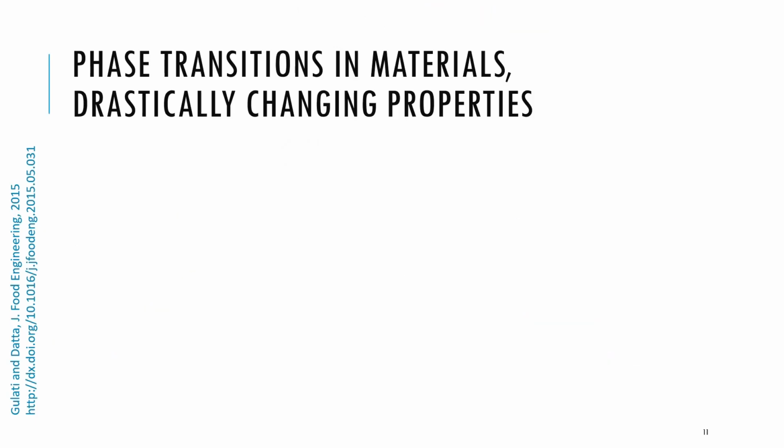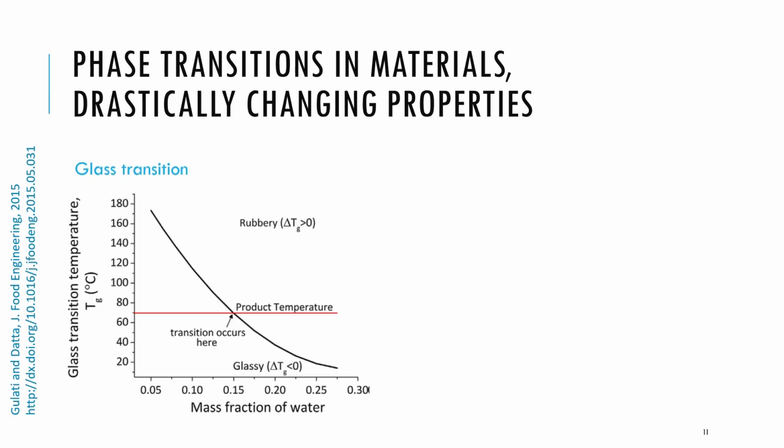In addition to the temperature change, the moisture loss, and the resulting shrinkage, related to all that, there is another critical aspect of this drying, and that is the material itself is changing intrinsically, changing its properties. This is understood using what's called glass transition.